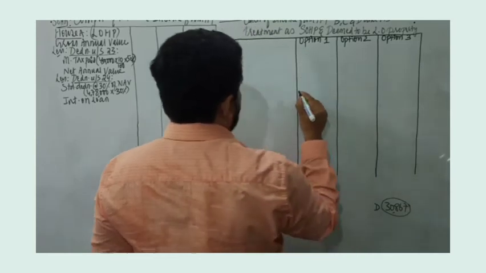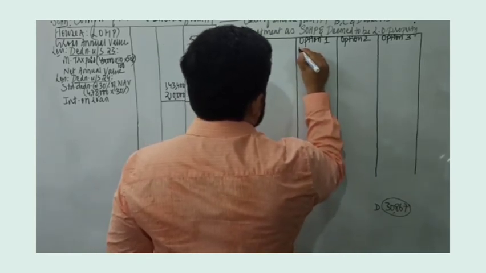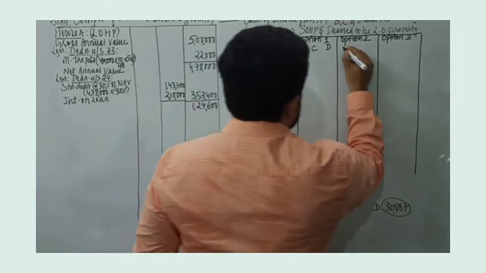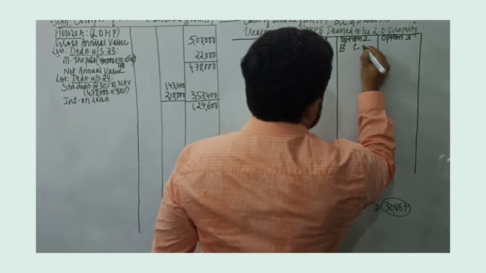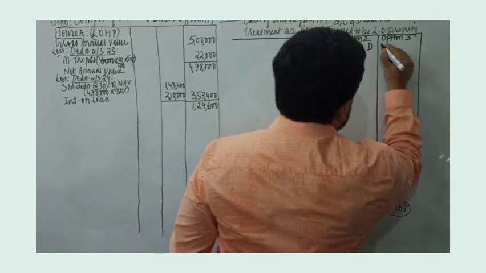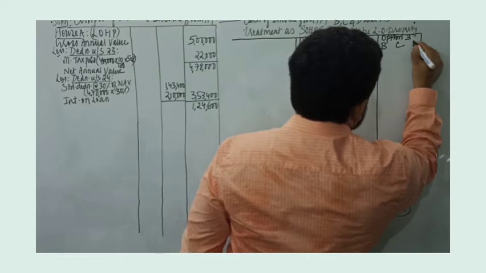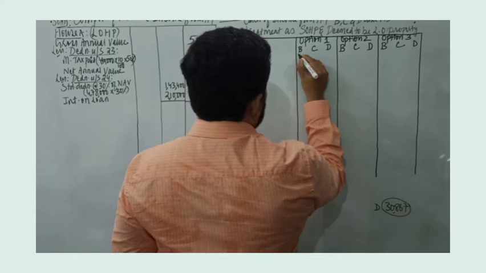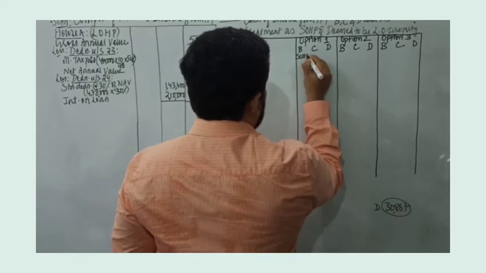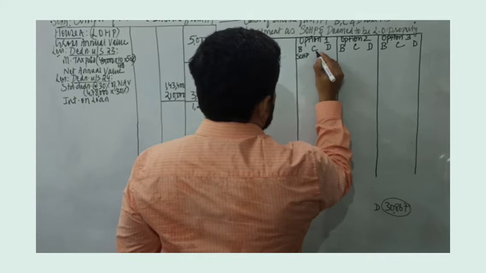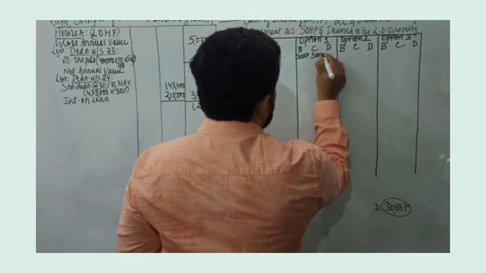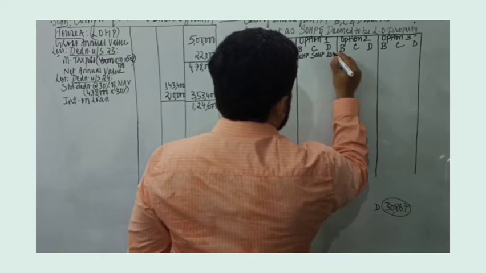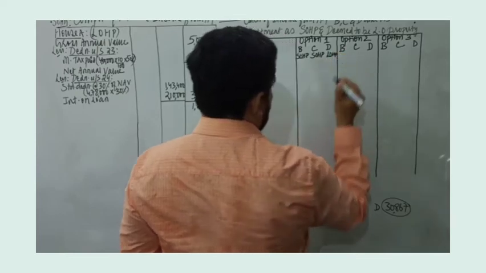As far as option 1 is concerned, I will record house property B, house property C and house property D. So once again I record B, C and D. In option 1, I will take house property B as self-occupied house property, house C as SOHP, and house property D, let's say, as deemed to be let out house property.